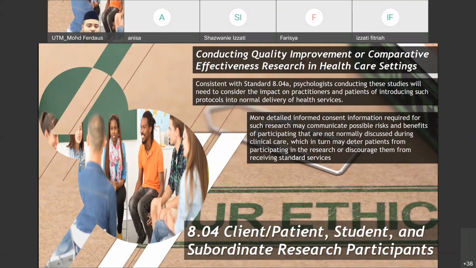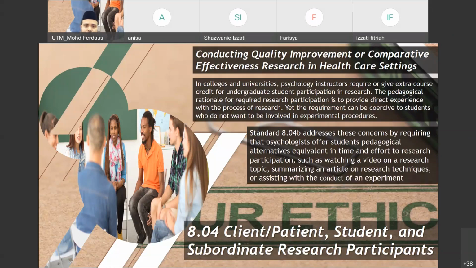Then it's not appropriate to get them involved in our research. So that's the case if our client is our patient. We are clinical psychologists, and the client is our patient.